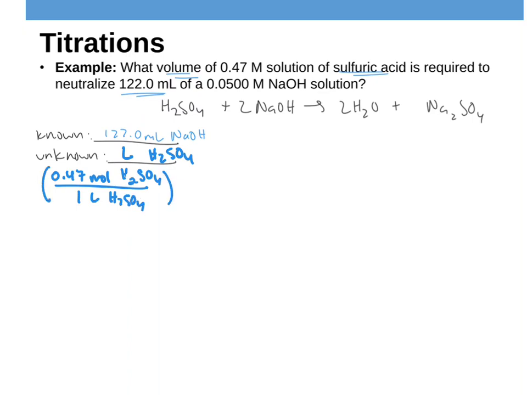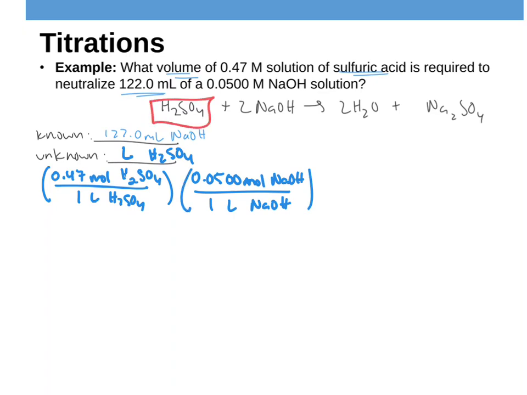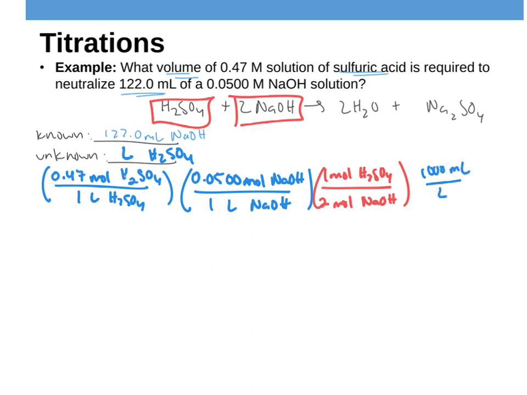I also have 0.0500 moles of NaOH for every 1 liter of NaOH. I have my good old mole ratio because I'm trying to do a reaction between this and this. Those are the 2 things being asked about. So I want to keep in mind that for every 1 mole of sulfuric acid, it's going to require 2 moles of sodium hydroxide to neutralize it. And I don't see anything about grams, but I do see milliliters and liters, so I might need my good old 1,000 milliliters per liter.